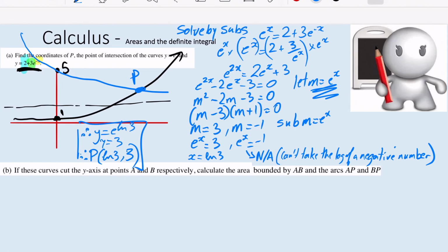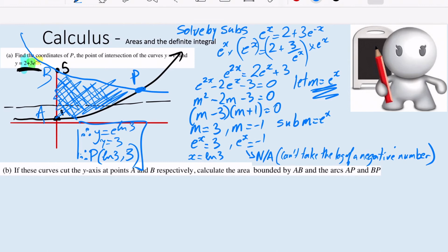Now if these curves cut the y-axis at point A and B respectively, calculate the area bounded by AB and the arcs AP and BP. So we want this whole area over here. When you first look at it, you'd think that this is a question about area and the y-axis.